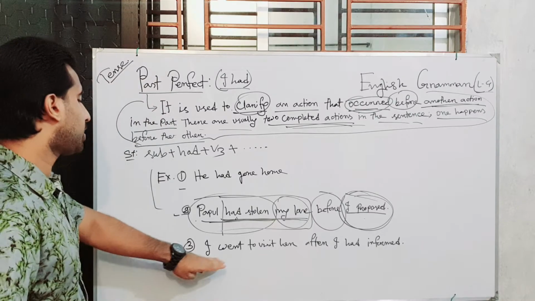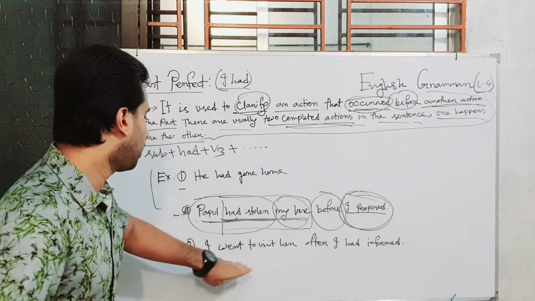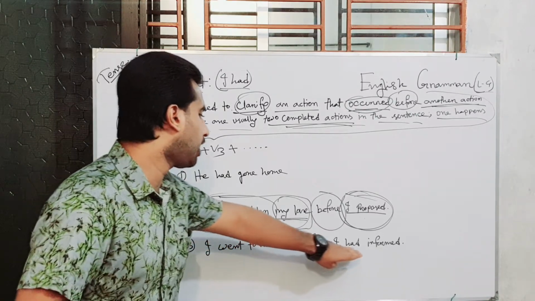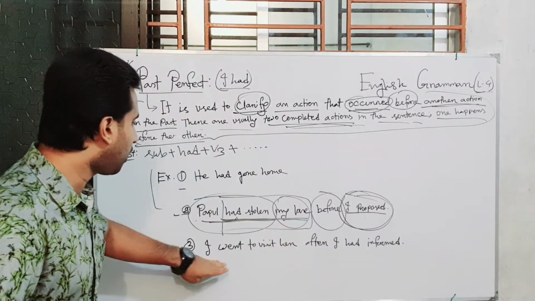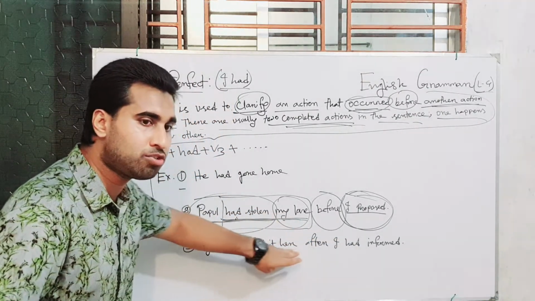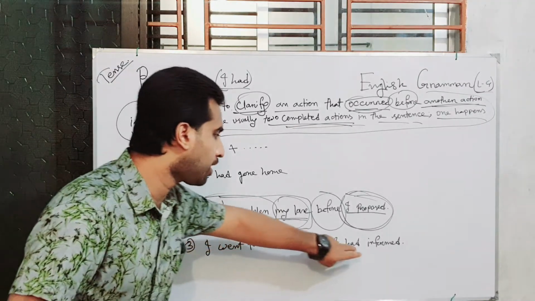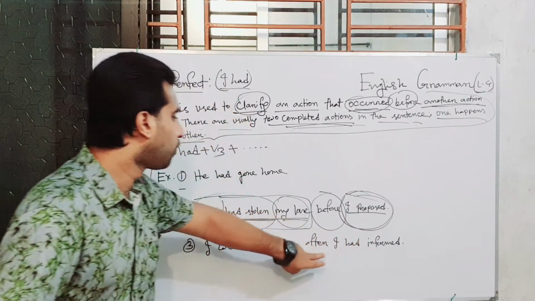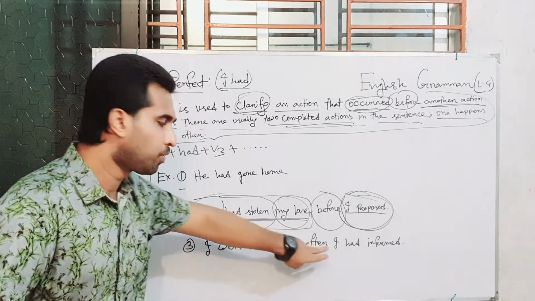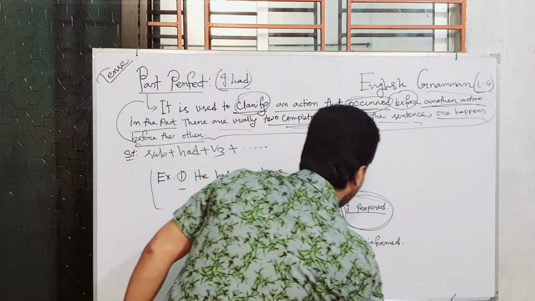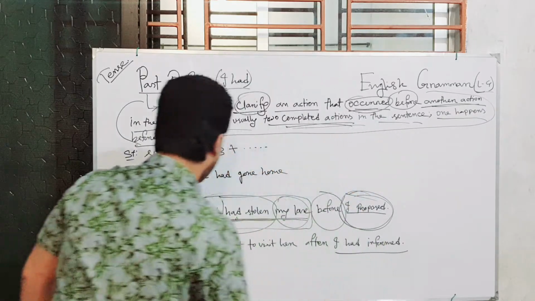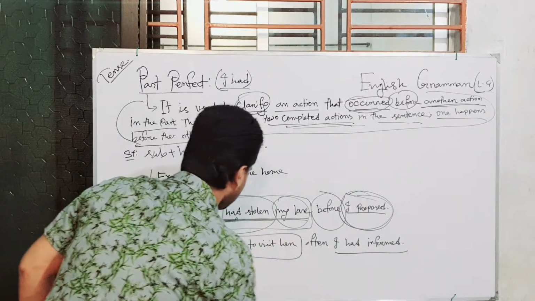And next one is, I went to visit her after I had informed. Look at this sentence. Which one comes first, or which one happens first? I had informed, then I went to visit her.